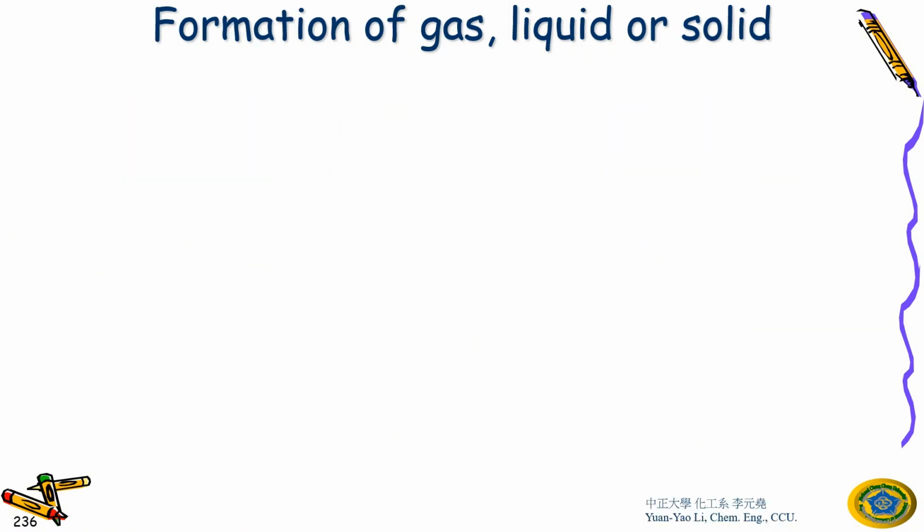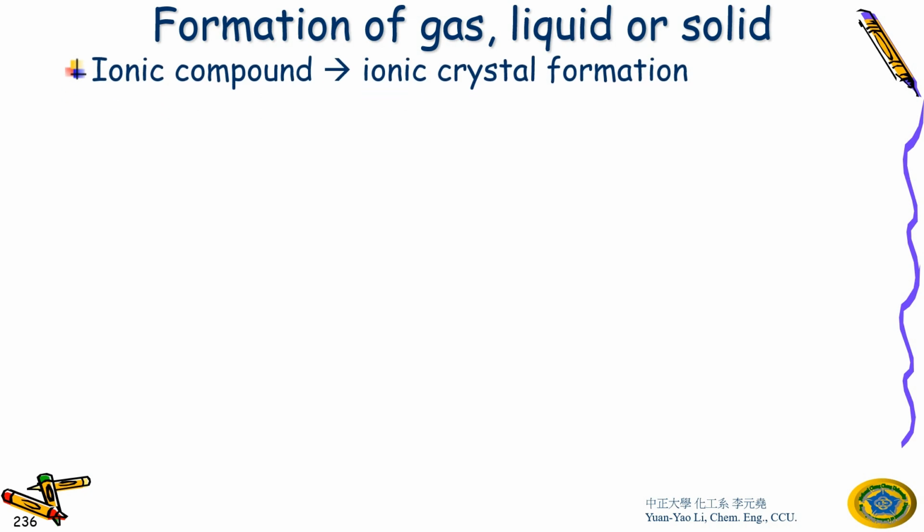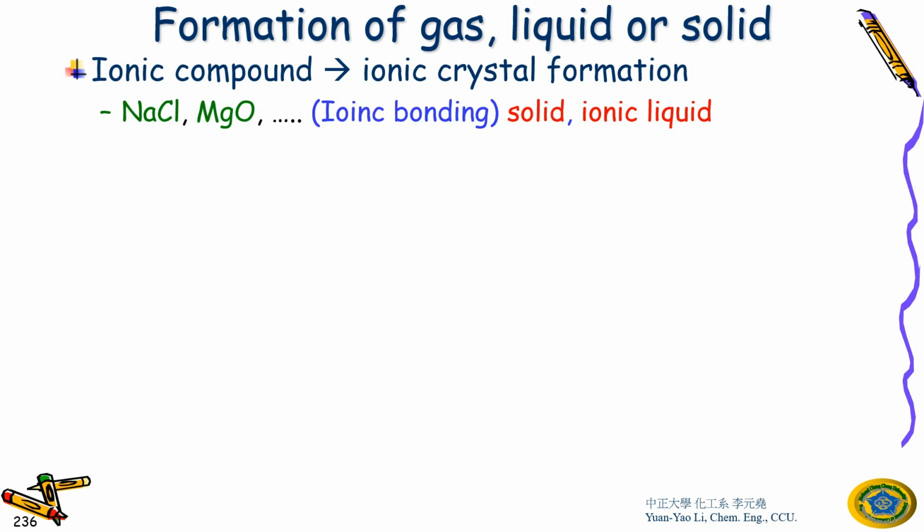Okay, so let's think of the formation of gas, liquid, and solid in terms of energy. If you think of ionic bond compounds like NaCl, sodium chloride, we already learned this is called ionic crystal formation. You might give me many examples like sodium chloride, magnesium oxide.